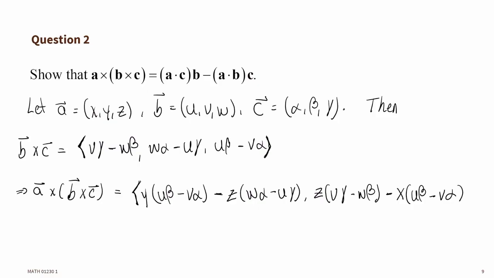Again, I'm not setting up the determinant. It'll take too long. And it would be X times W alpha minus U gamma minus Y times V gamma minus W beta.